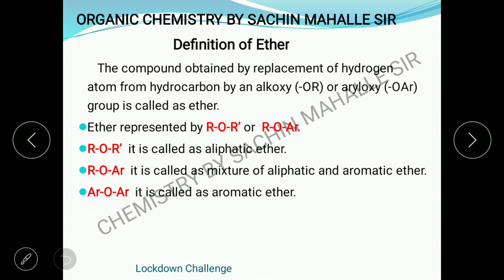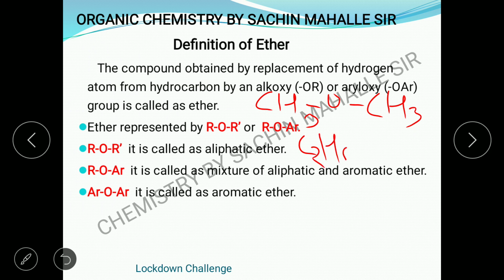Examples of ether are CH3 bond O bond CH3, that is dimethyl ether. Another example, C2H5 bond O bond C2H5.